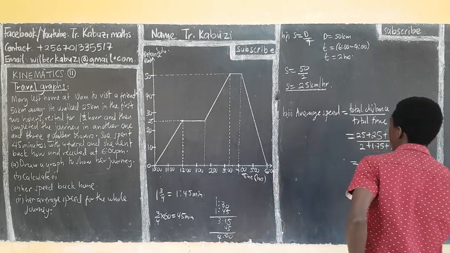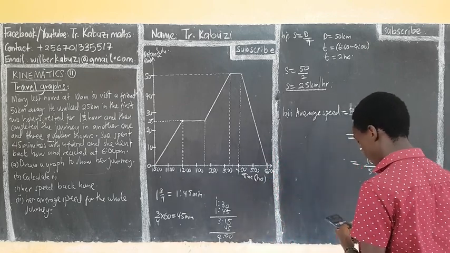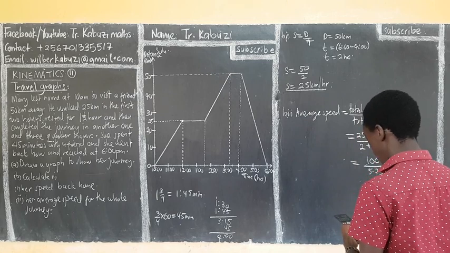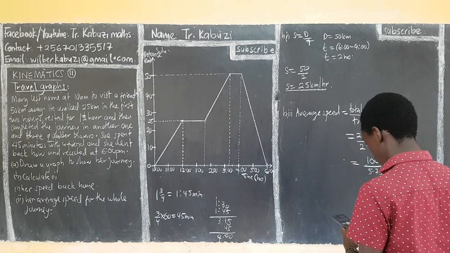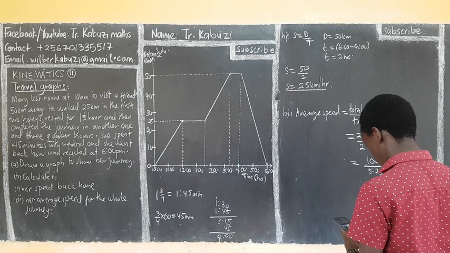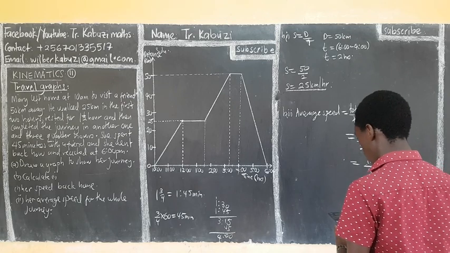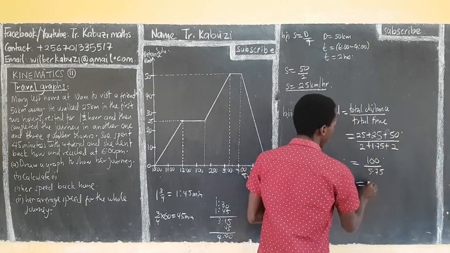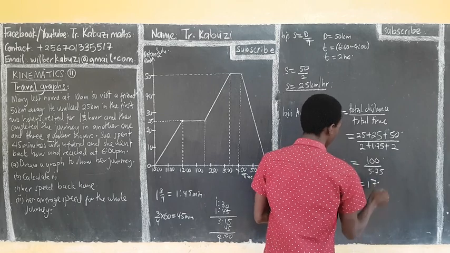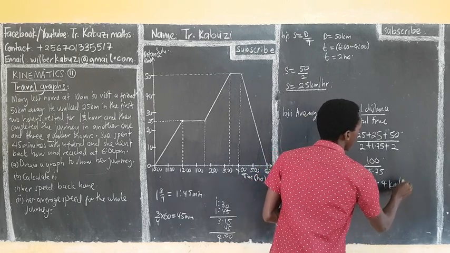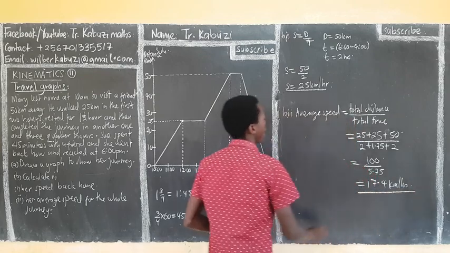So when you press that on the calculator to get the average speed, the average speed is going to be 17.4 kilometers per hour. That's her average speed.